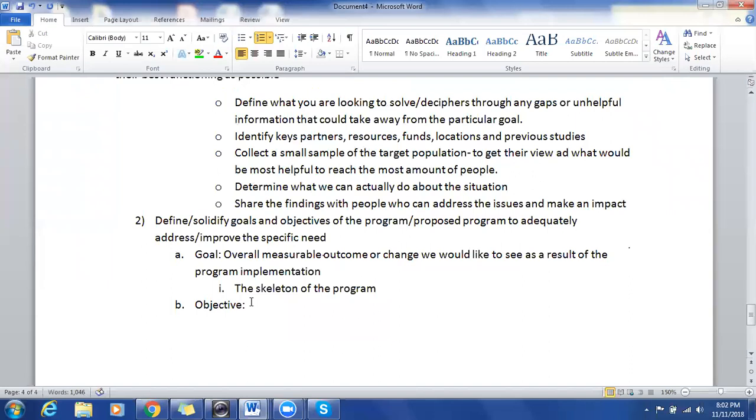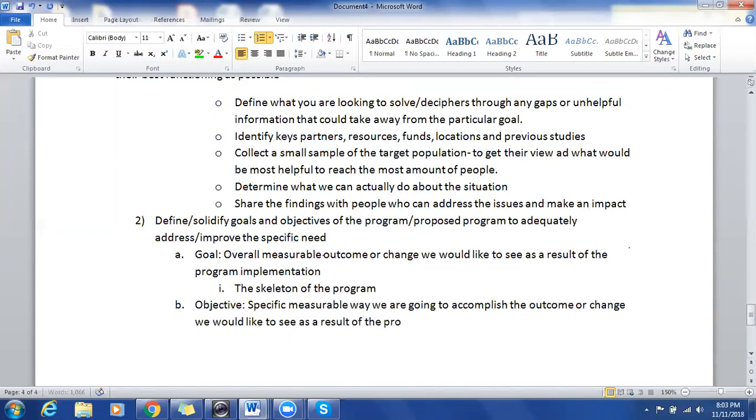And the objective, which is the skin, is the specific measurable way we are going to accomplish the outcome or change we would like to see as a result of the program.